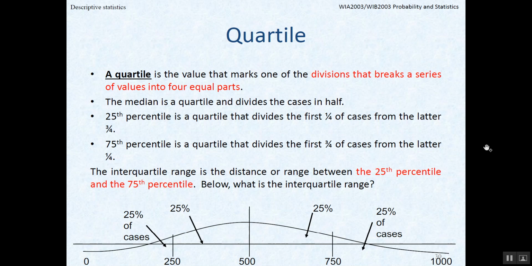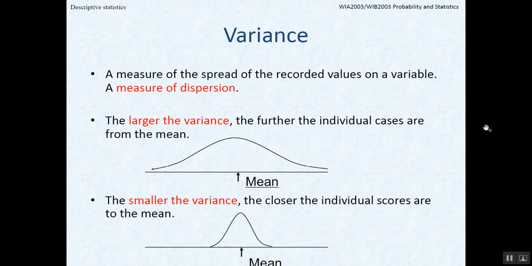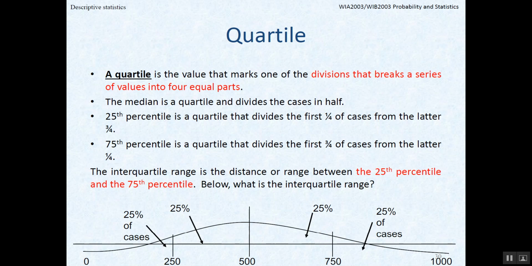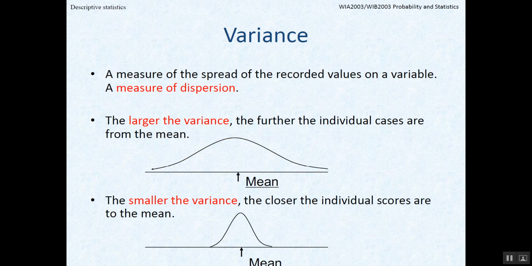You can also say it by percentage, 25%, 50%, after you order the values. Let's see interquartile. Okay, never mind, let me go into variance first.